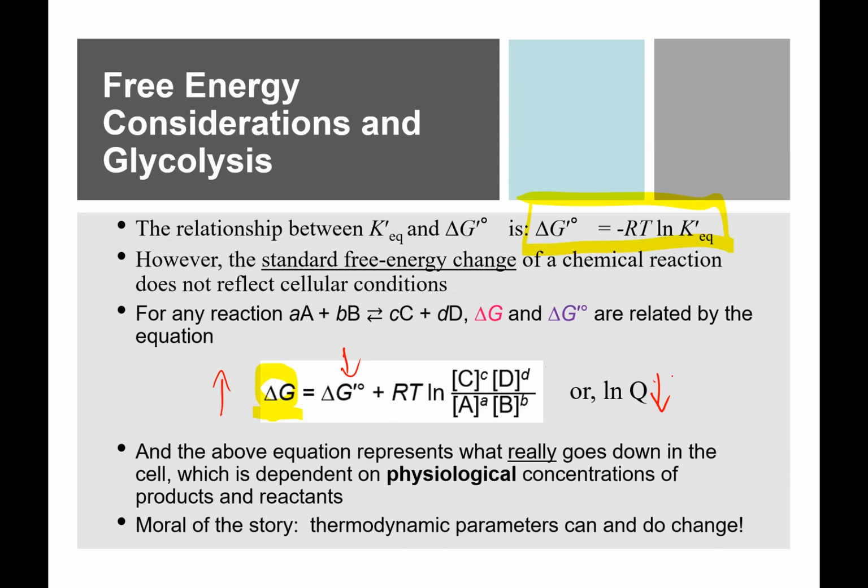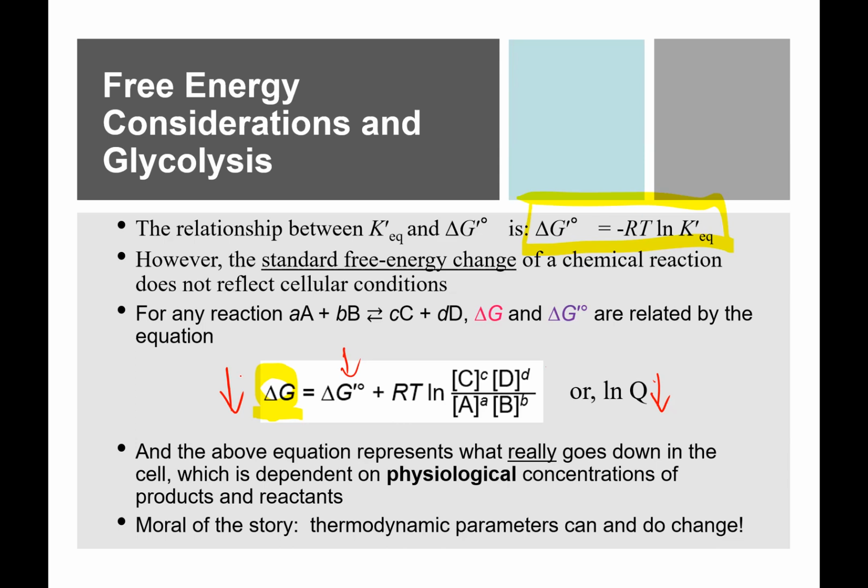And then in turn, delta G starts becoming negative. Recall that a negative value of delta G always means spontaneous, and positive always means non-spontaneous. So if we are high in reactants and low in products, we're going to drive the reaction to the product side.